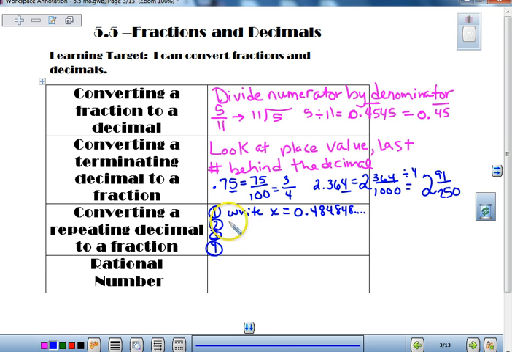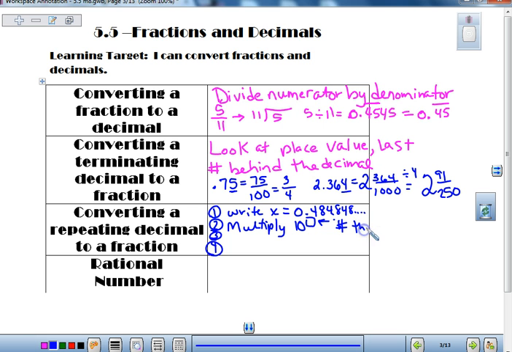The next thing we notice is that we're going to multiply. The key thing that we're multiplying by is 10 to a power. And the power that we multiply by is going to be determined by how many numbers repeat.